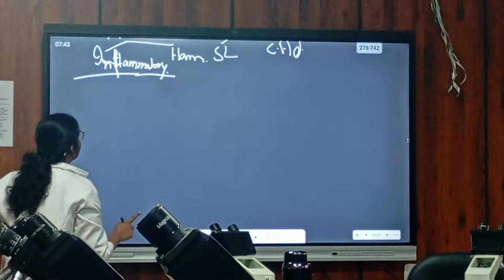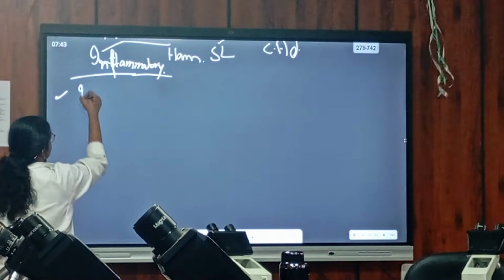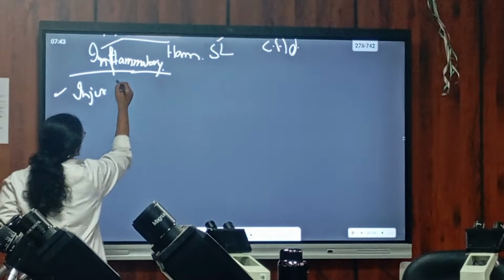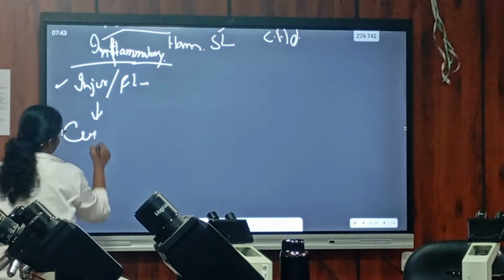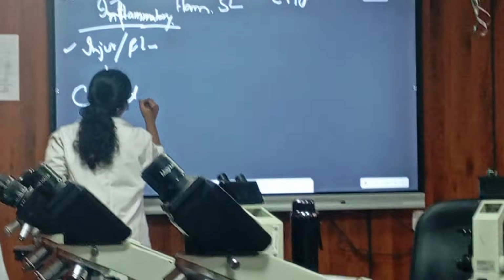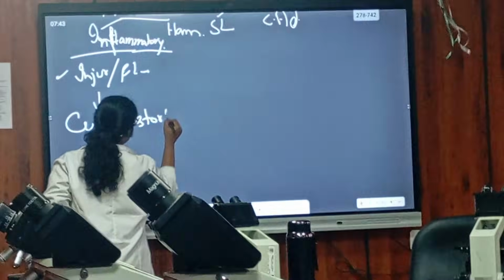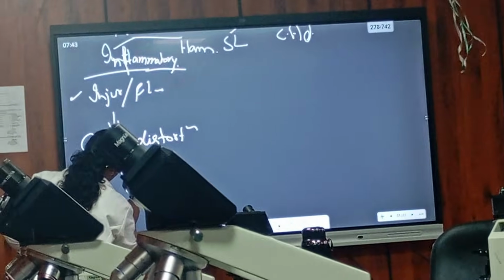Inflammatory polyp occurs due to injury of the mucosa and inflammation, which leads to fibromuscular hyperplasia.